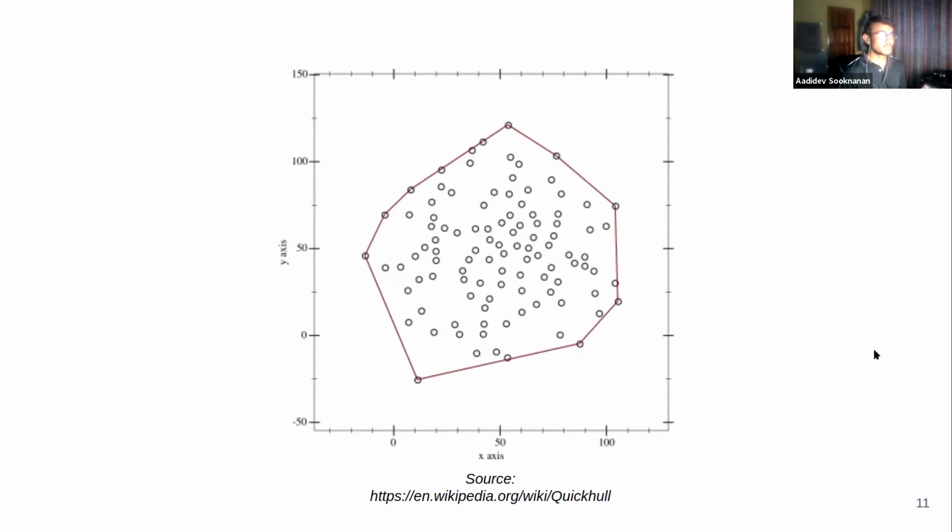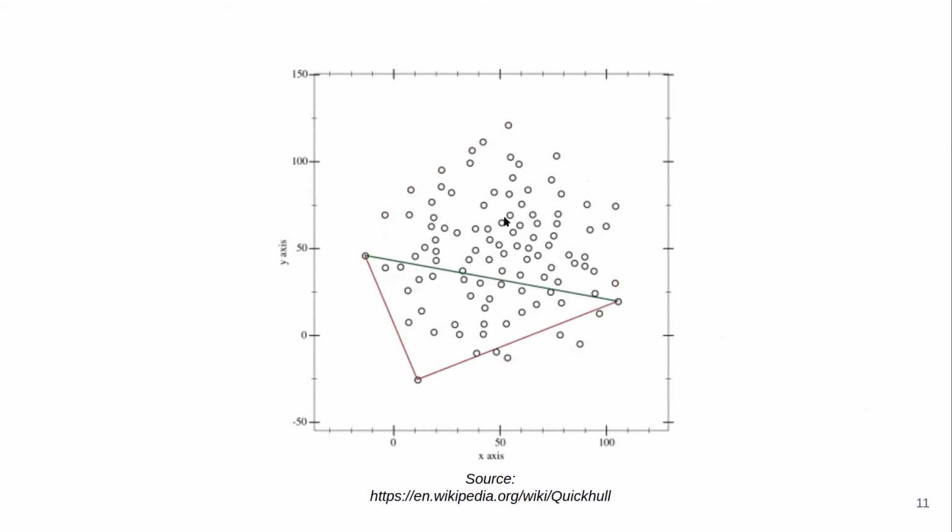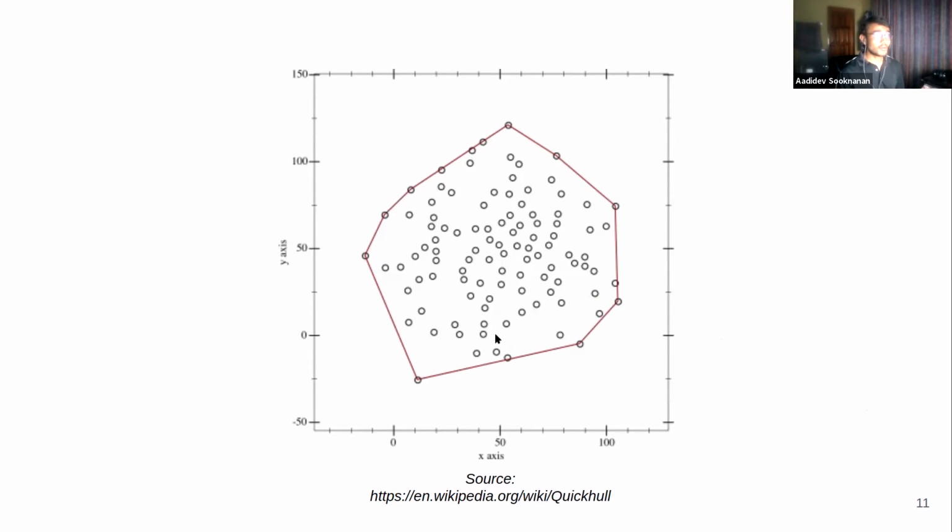This is a brief overview of Quick Hull. It's essentially: find the points with the minimum and maximum x coordinates. Because these will always be part of the convex hull, use the line formed by these two points to divide all the points into subsets: the upper set of points here and the lower set of points here, and it works recursively.